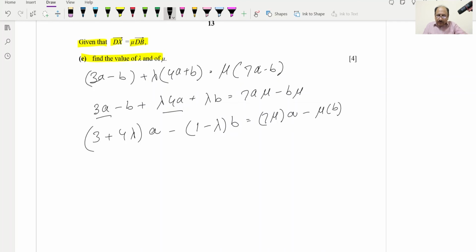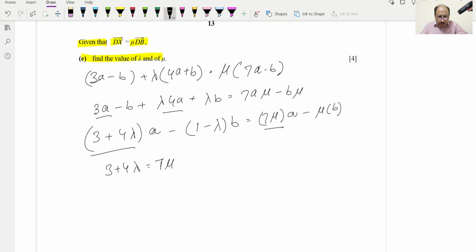Now we can compare coefficients of a and b. Coefficient of a is this one and this one, so we can write 3 plus 4 lambda is equal to 7 mu.